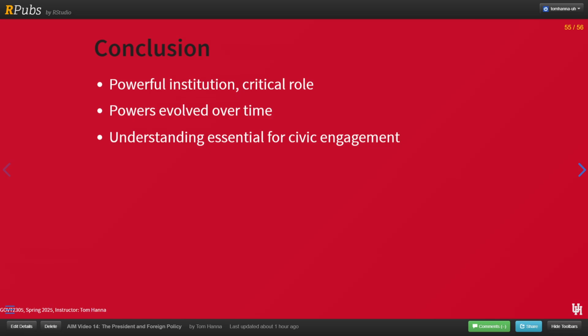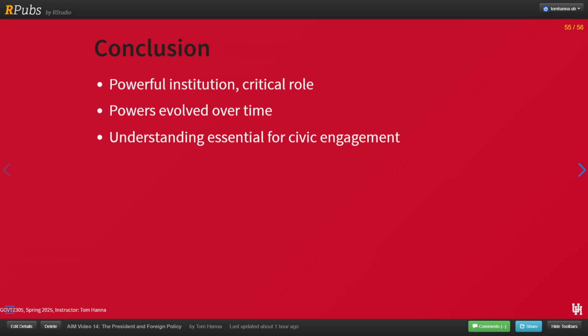Understanding the proper power of the presidency, the way that it's evolved over time, and the proper limits on the presidency are essential for civic engagement by American citizens. And it's really important for non-Americans to understand it if they're going to engage in civil engagement with Americans.